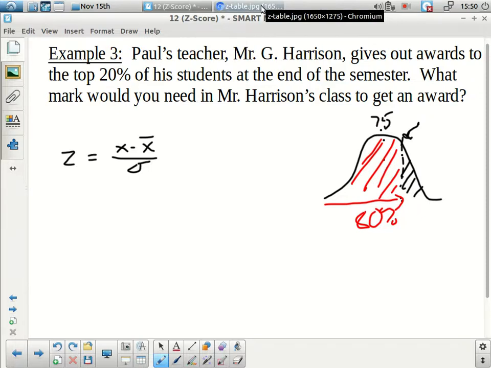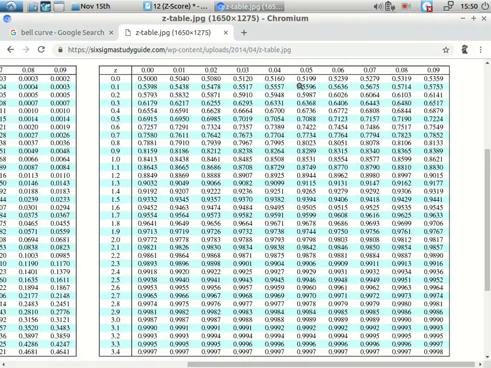So I'm going to go into the Z-score table and try to find 80%, which would be 0.8000. And notice, as you go from left to right, they're in numerical order, they just keep going up. So right here is kind of my boundary. This is 0.7995, so just under 80%, and this is 0.8023, slightly above.